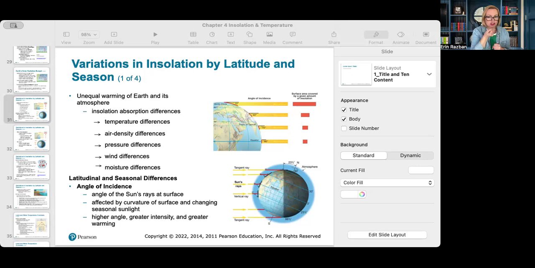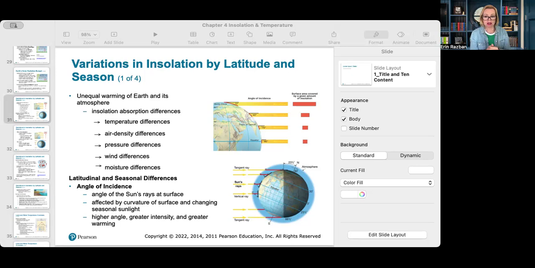When you shine it straight on, you get a bright, concentrated circle. Now, if you tilt the flashlight, the same amount of light spreads out over a larger area, making it less intense. The same thing happens with sunlight hitting the earth.